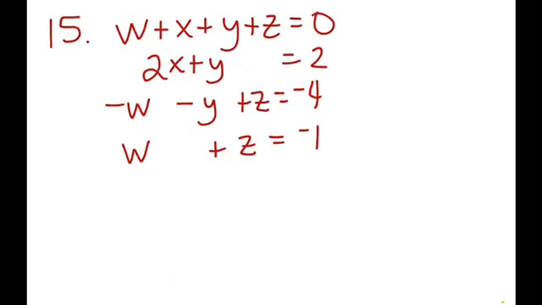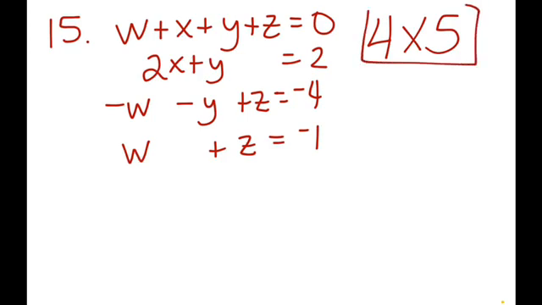Okay, last question, number 15. This one is a 4x5 matrix. It's got 4 variables, w, x, y, z, and so therefore we have 5 columns. So you're going to tell your calculator that it needs to do a 4x5 matrix. That's the biggest one you've done so far, but the calculator doesn't care. It can handle all of it. So go ahead and enter in all of your coefficients.